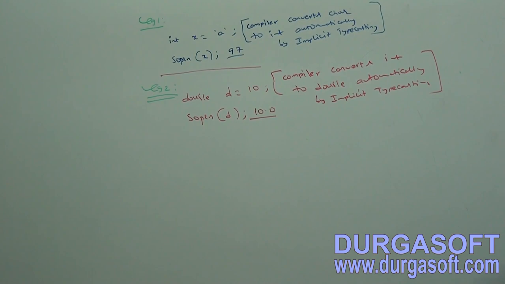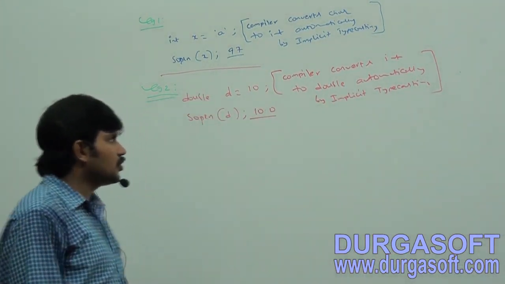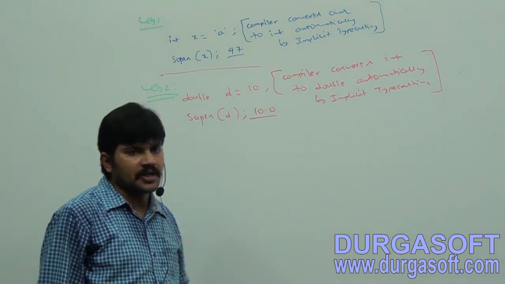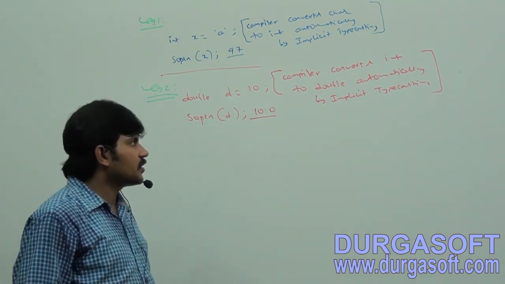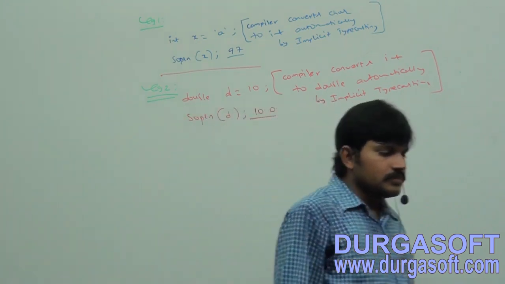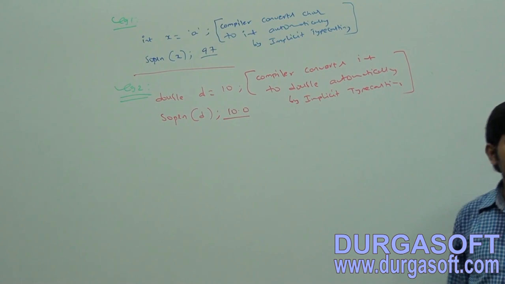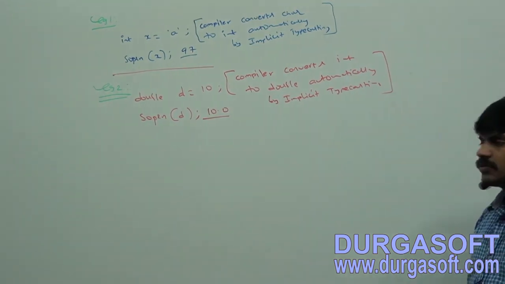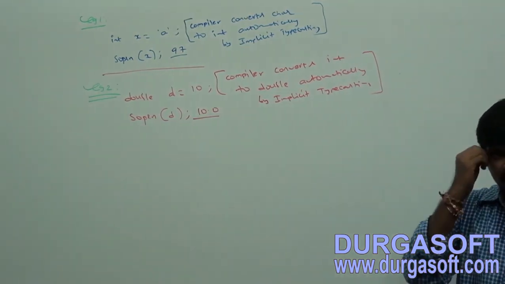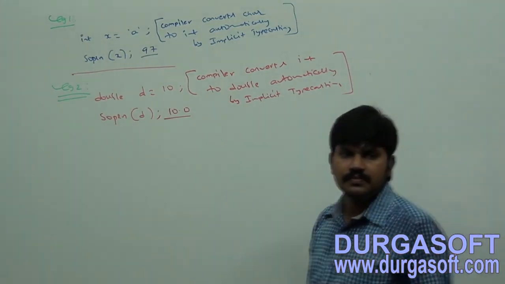Next, the compiler converts int to double automatically by implicit typecasting.